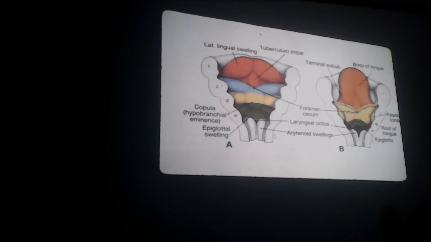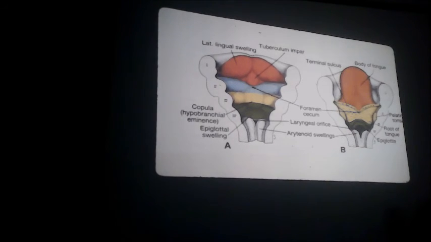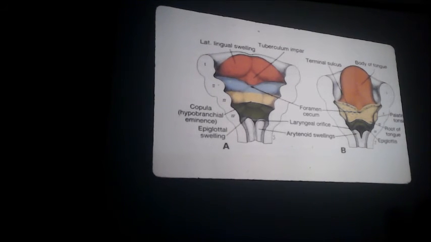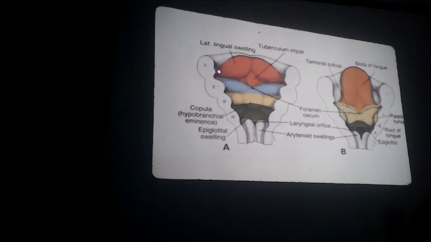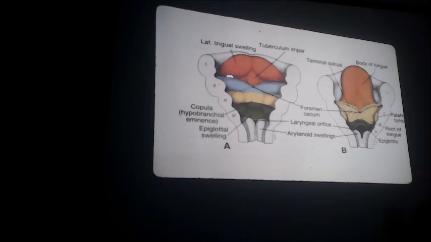And then you have to have a very specific understanding of the development of the tongue. You're inside the stomodeum. Keeps going out of focus. There we go. So you're inside the developing oral cavity, stomodeum.